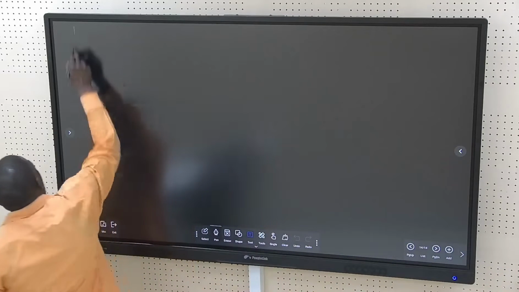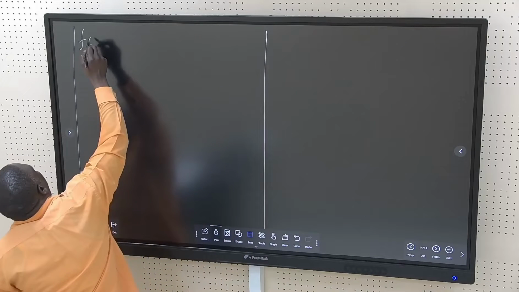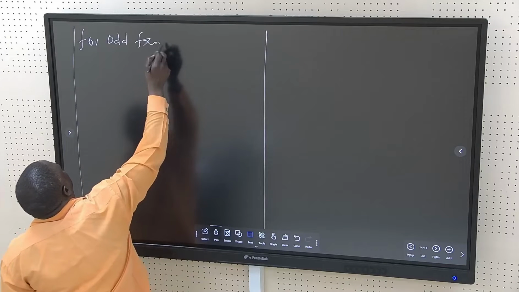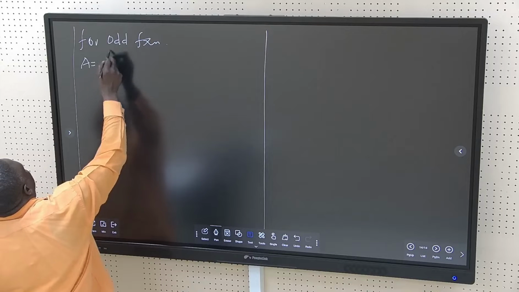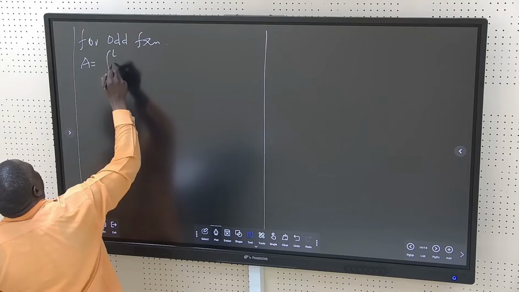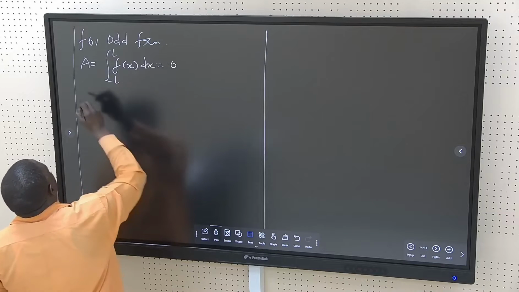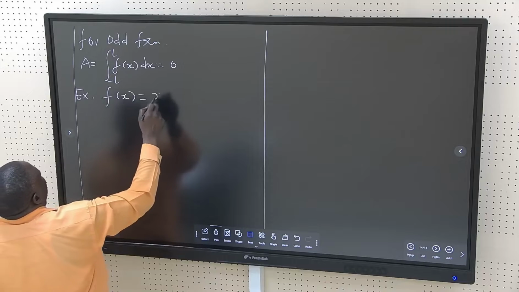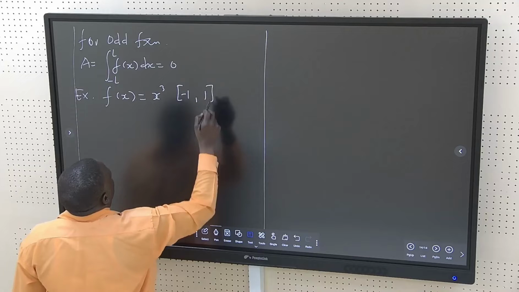But what about an odd function? For odd functions, we said the integral from negative L to L of f of x with respect to x equals 0. Example, say f of x equals x cubed, finding the integral from -1 to 1.